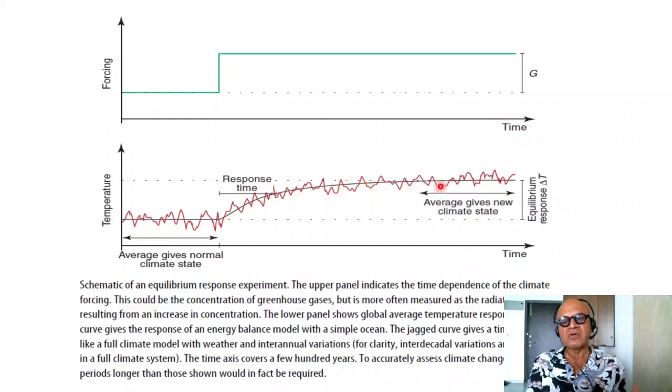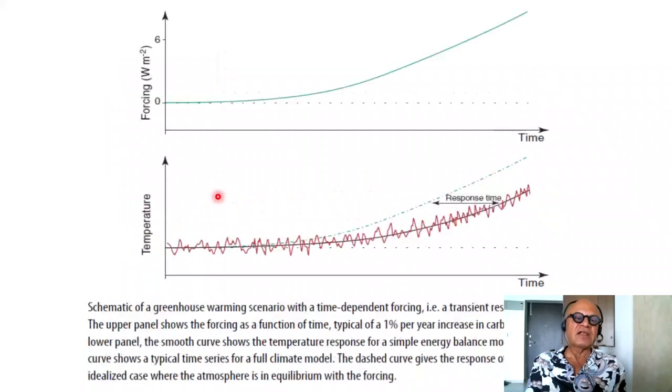Then you integrate long enough, and you end up with a new equilibrium climate corresponding to the radiative forcing that we talked about. So the equilibrium response here is given by the normal climate to the temperature change corresponding to the radiative forcing. Okay, that's fairly obvious, but what is realistic in the real world is that we are never really in an equilibrium state, right?